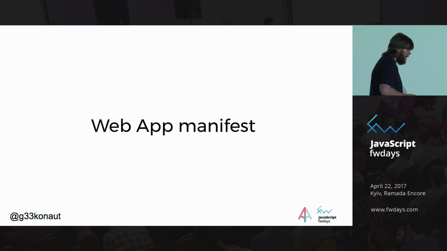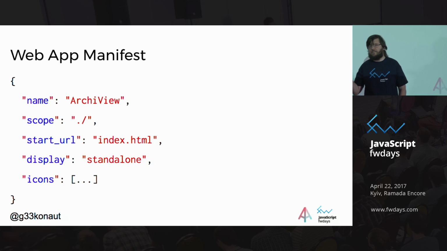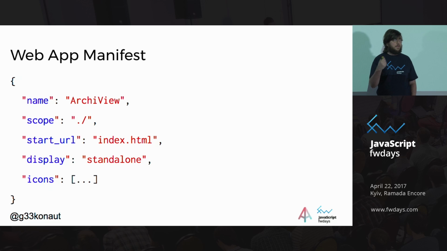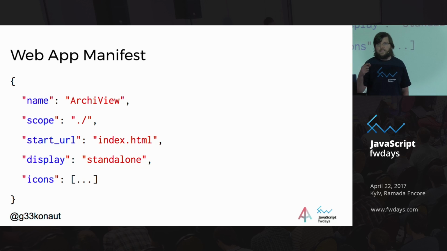I said something about the web app manifest. Basically, that's very boring because it's just a JSON. You say the name of your application, and which URL or path you want to start with in your application. Theoretically, it's a bad idea, but you could say that when I'm on index.html or order.html, and I click install this progressive web app, you install a different thing.